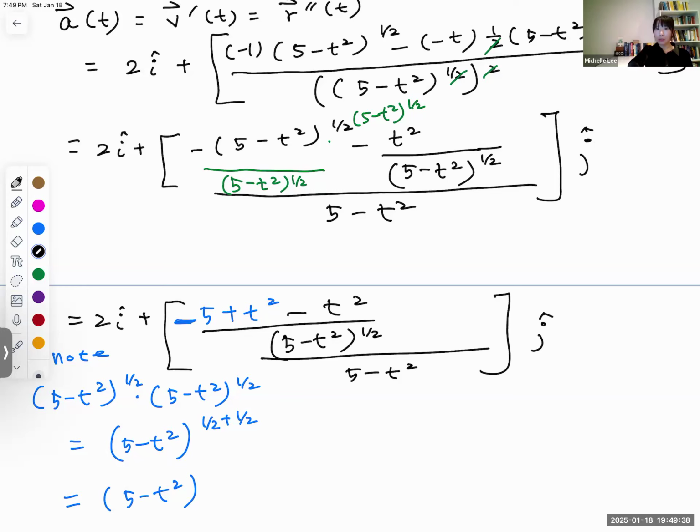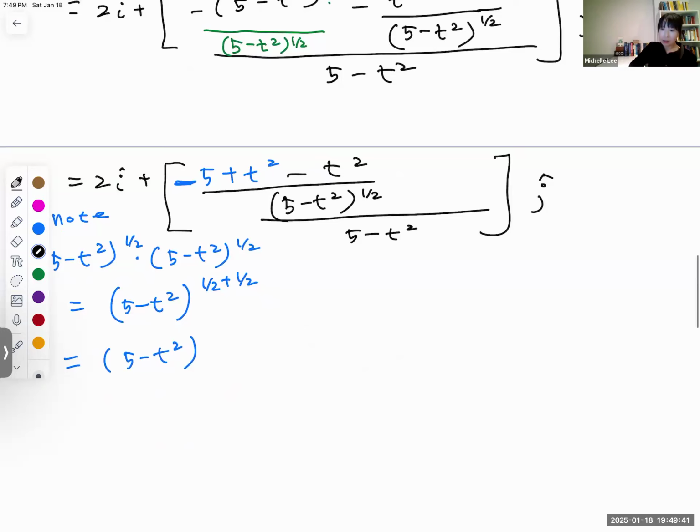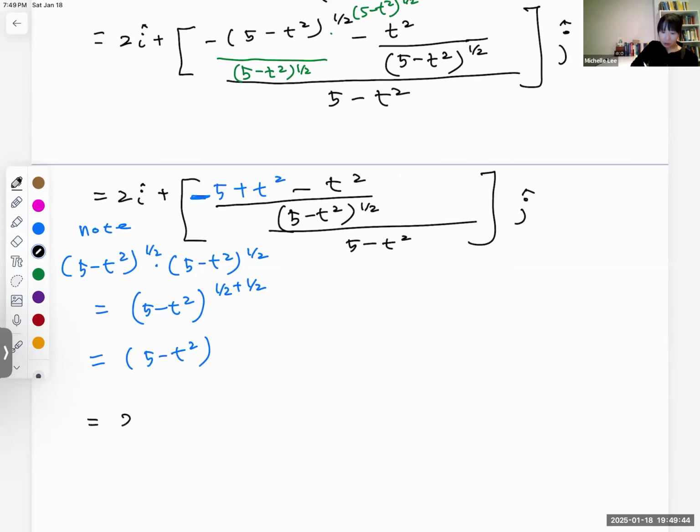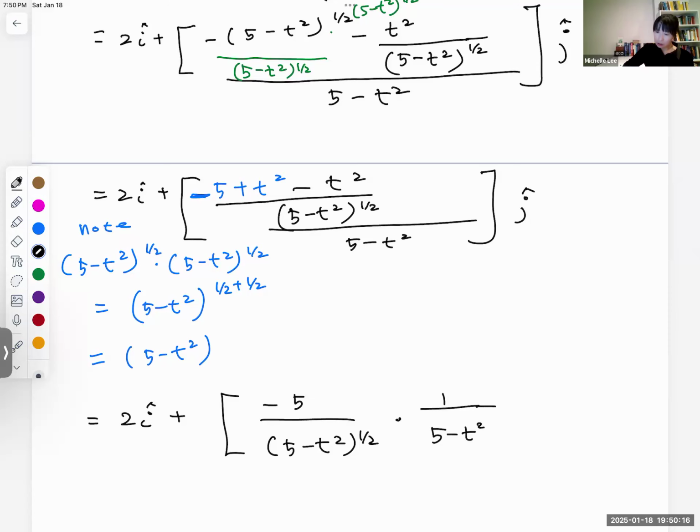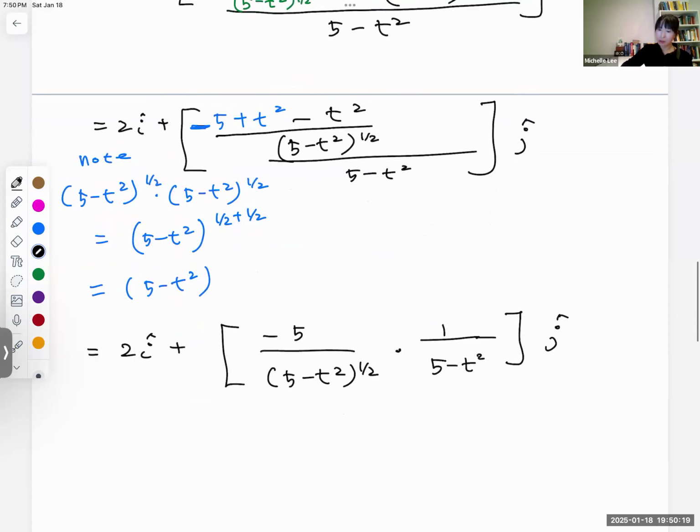Okay, so we have two fractions there, so let's simplify. So 2i hat plus negative 5, right? And we have 5 minus t squared 1/2 times the reciprocal of the second fraction. So it's 1 over 5 minus t squared j times.